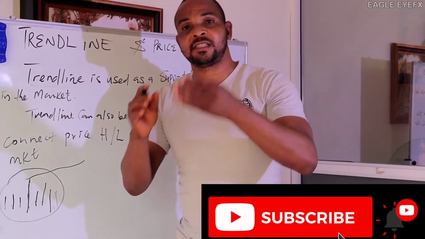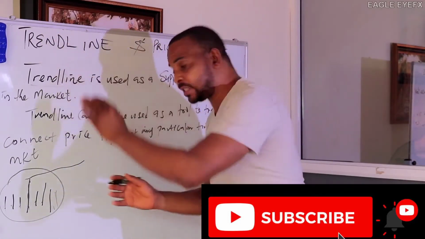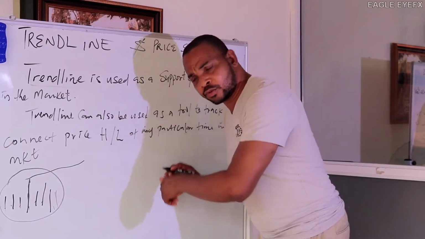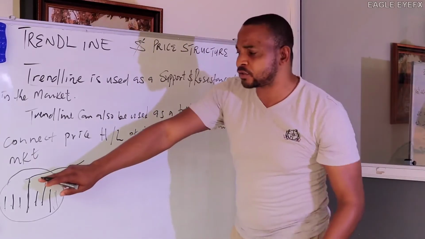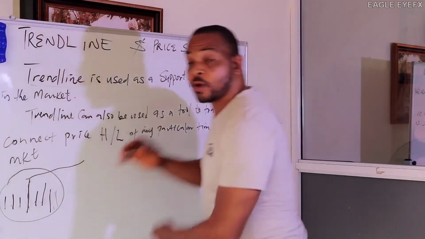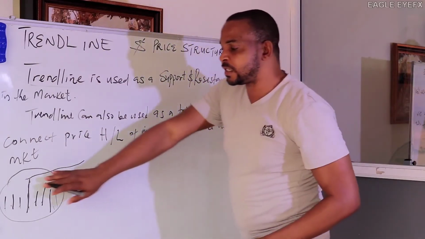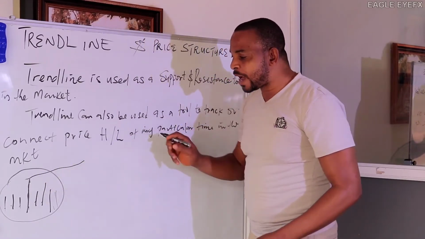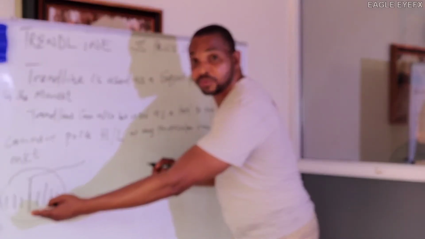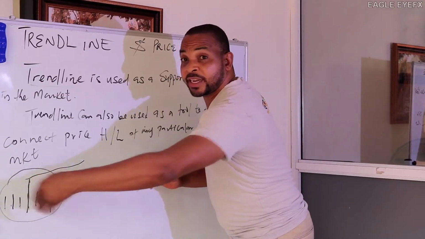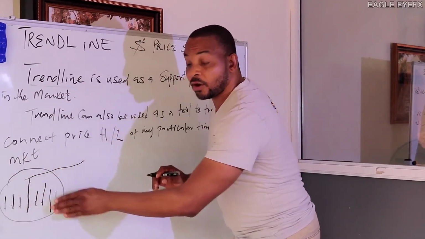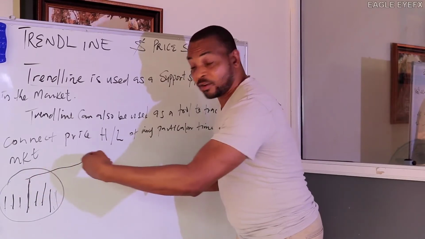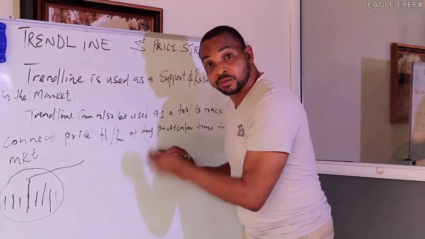Now you connect it to any candle on the other side. Trend line has to be from one end to another end. So this is one end on this side, and we are bringing this line to another one following the same principles of 2 to 3 candles on the left, on the right, the higher one in between. Place your trend line on it, connect it to the future candle.